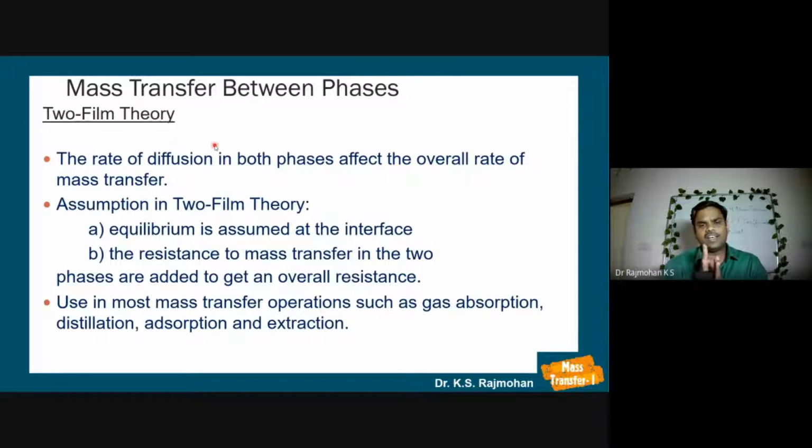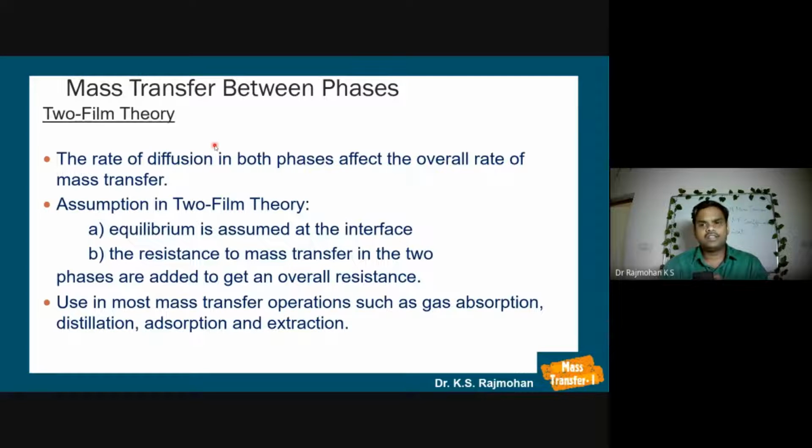So yi and xi will be in equilibrium with each other. We have seen the equilibrium curve, x versus y, so xi and yi will be in equilibrium with each other. That is the first assumption in this two film theory.